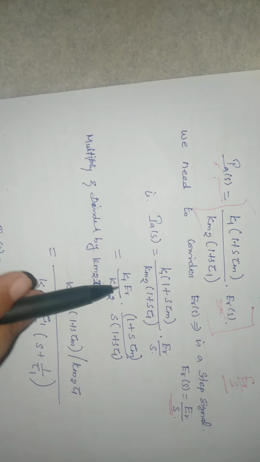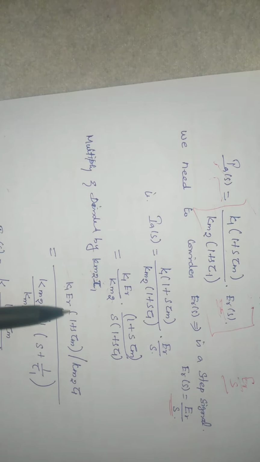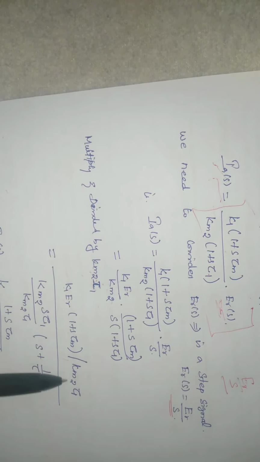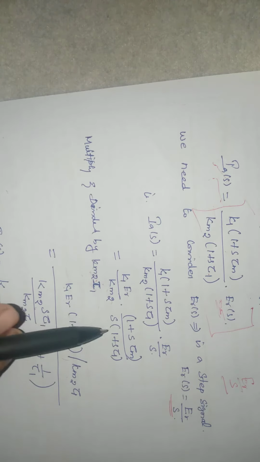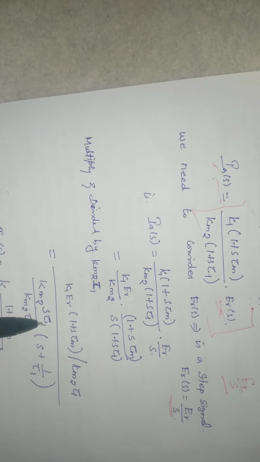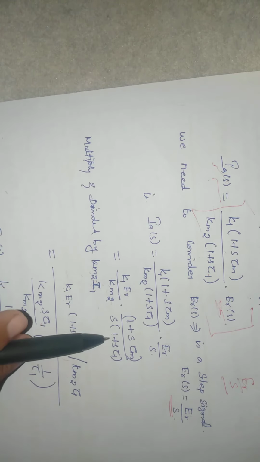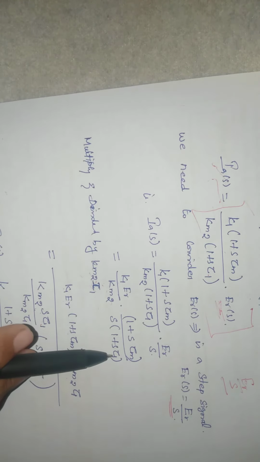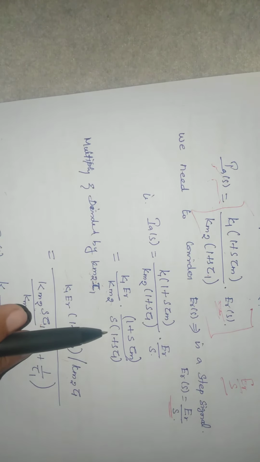So now just multiplying k1 Er into (1 plus s tau m) divided by km2 tau 1, and for the denominator km2, and these terms are getting multiplied. S tau 1 here, we are taking tau 1 in these two terms.